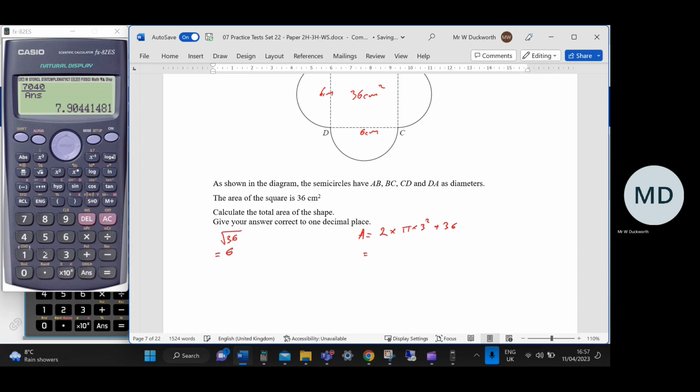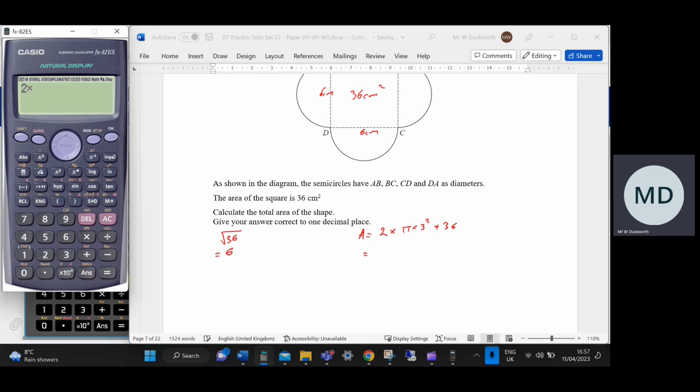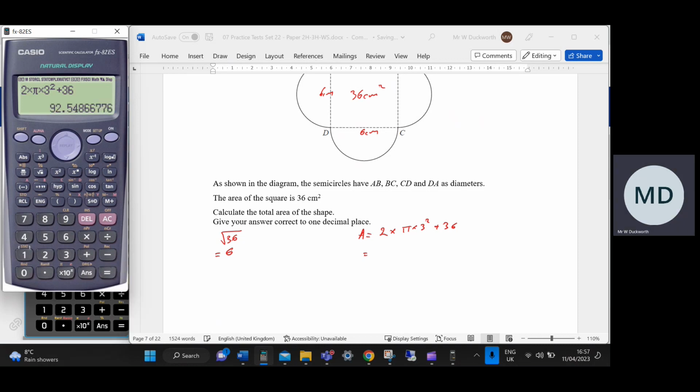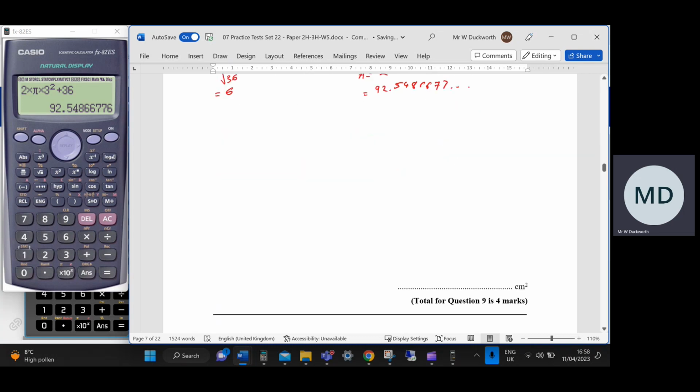So I'm looking at 2 times shift pi times 3 squared plus 36. So I'm looking at 92.54. So the area is 92.548667... So to one decimal place, that's going to be 92.5.